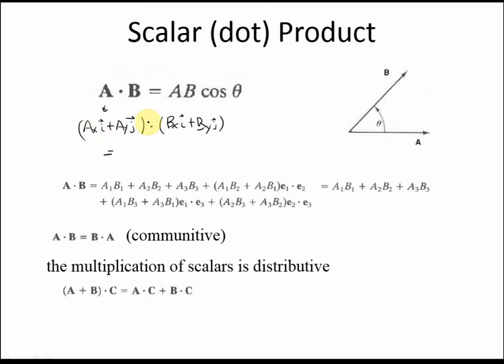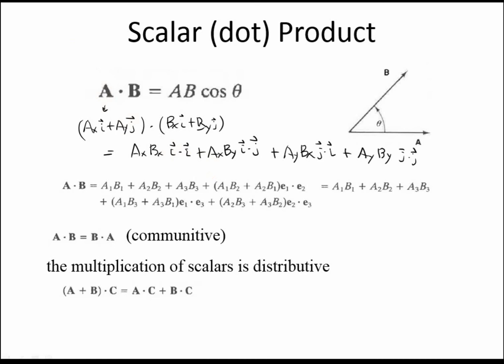So ax times bx i dot i, plus ax by i dot j, and ay bx j dot i, plus ay by j dot j.